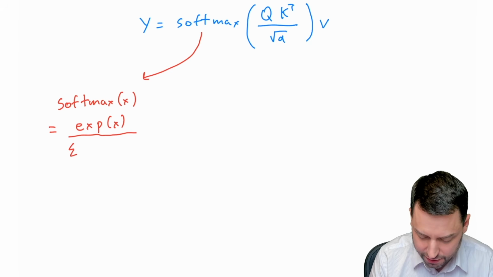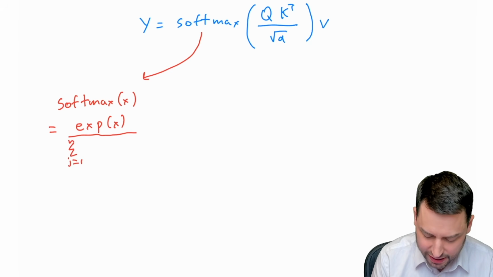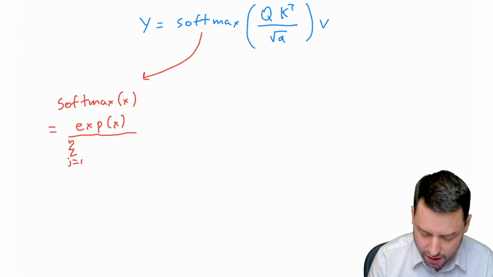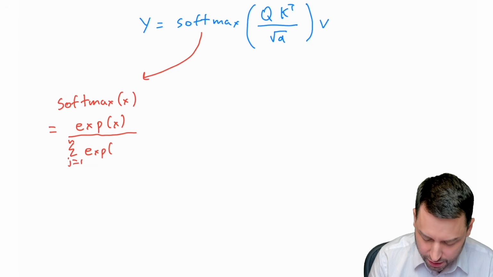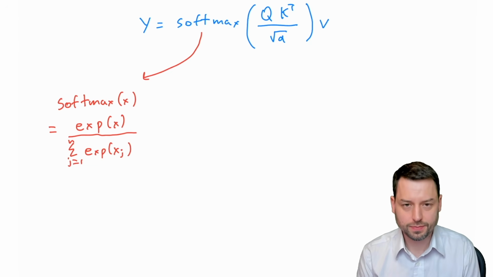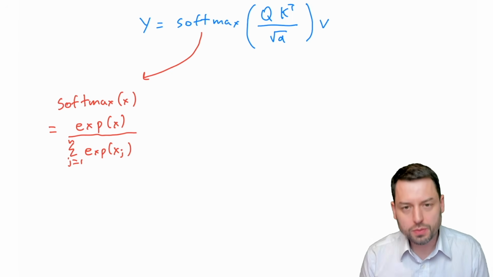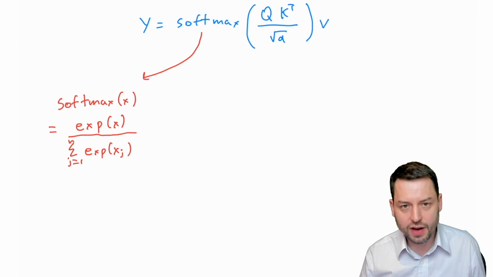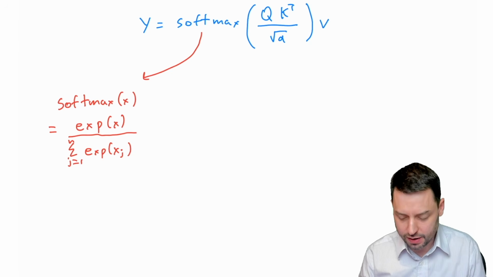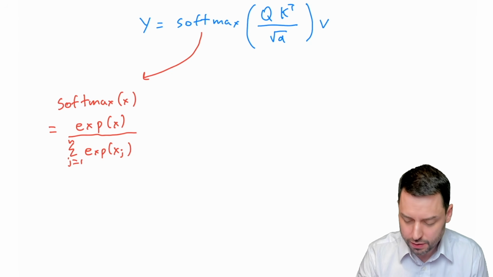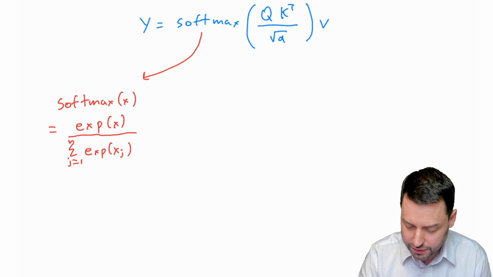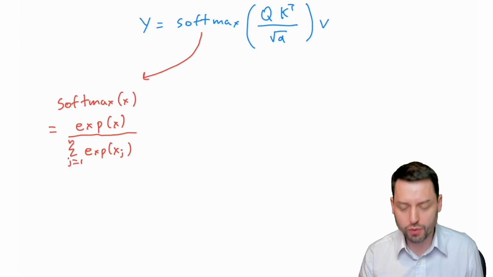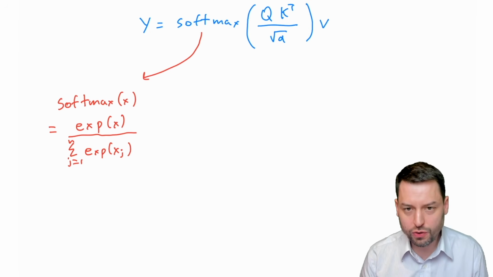So we divide by the sum from j equals 1 to n, say the dimensionality of x, of the exponential of xj. So this is the softmax operation. And when we define it in terms of this particular matrix here, we're talking about doing it by row.